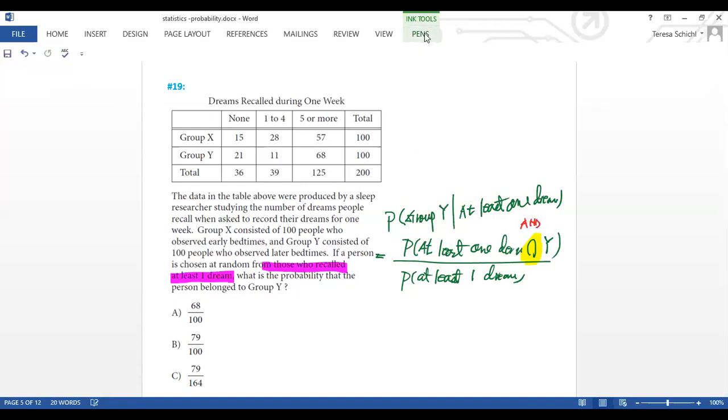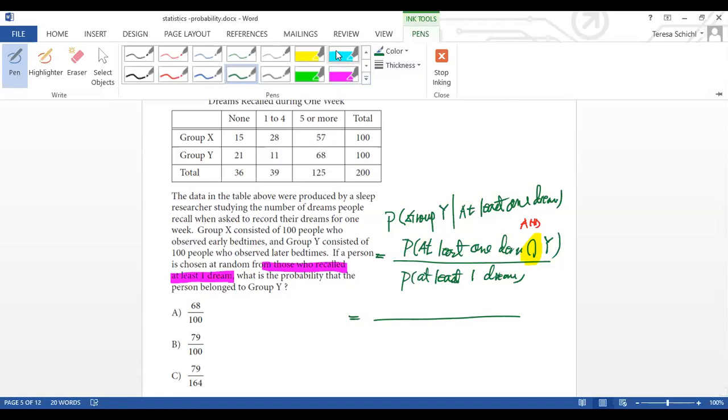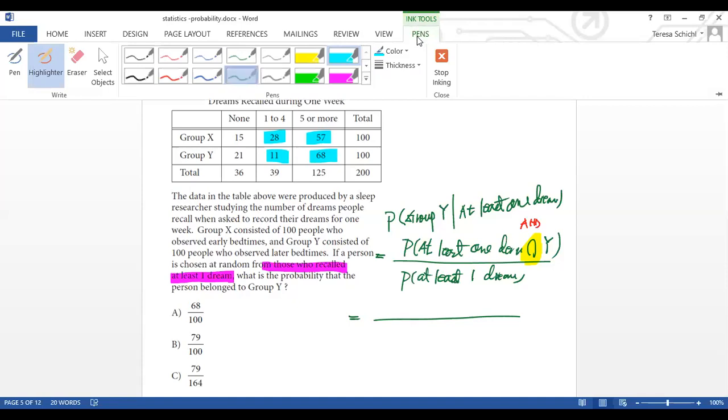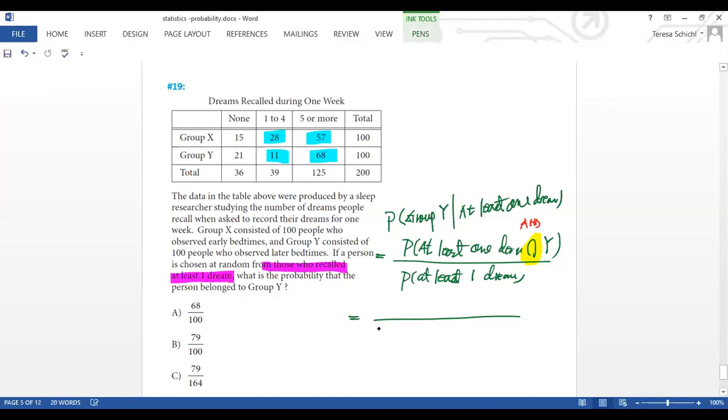Okay, so now let's see here. How do we find the probability here? At least one, that means 1 or more. So where are the at least one? That means you are choosing from the overall at least one. So these 4 cells are at least one, correct? Because it's 1 or more, right? So my denominator will be 28 plus 11 plus 57 plus 68.